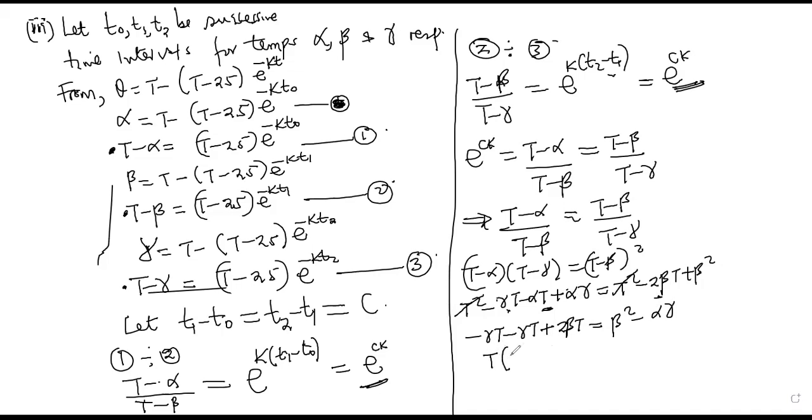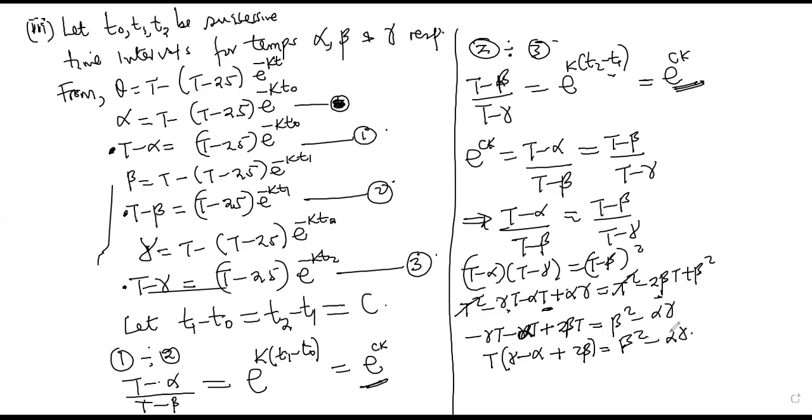If you factorize out a t, it will be, supposed to be, γ minus α plus 2β is equal to β squared minus αγ.